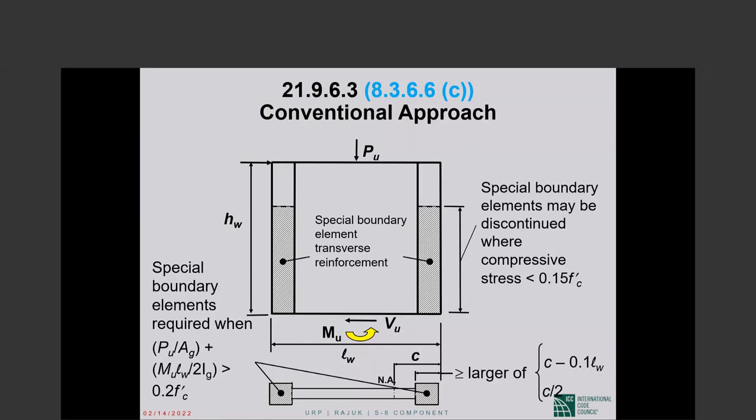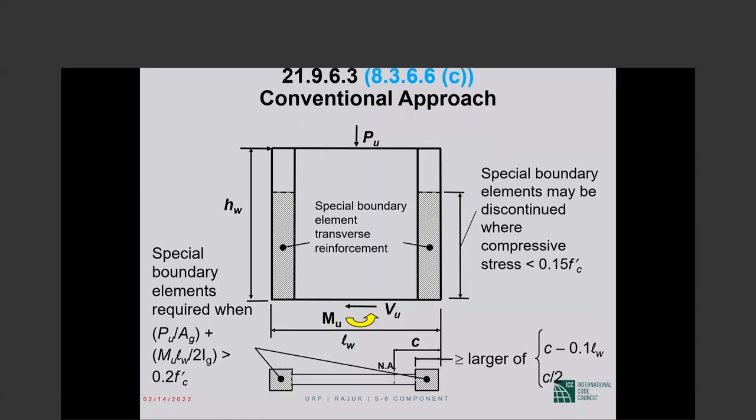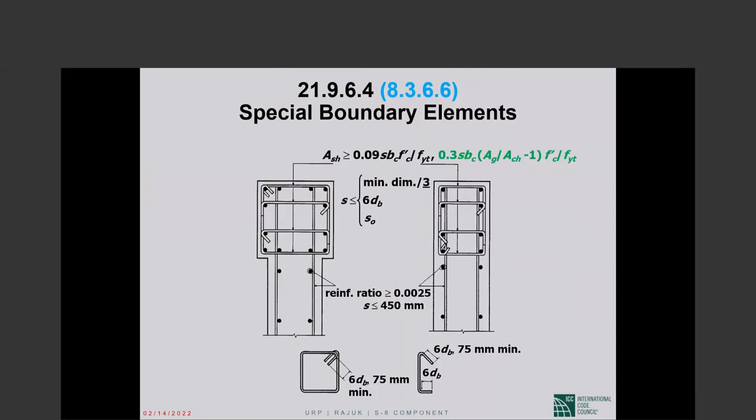So even in the conventional approach, we need to calculate neutral axis depth. Along the height of the shear wall, we are allowed to discontinue the special confinement when the combined compressive stress falls below 15% of F sub C prime. So this is the conventional approach.